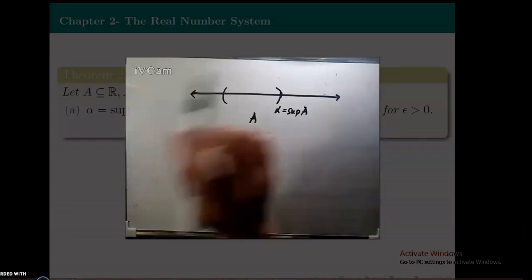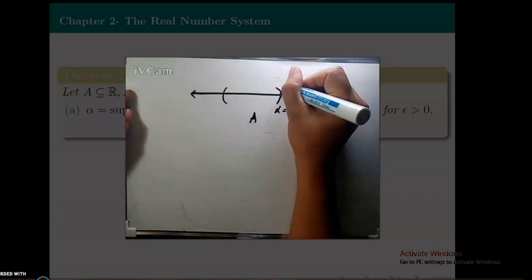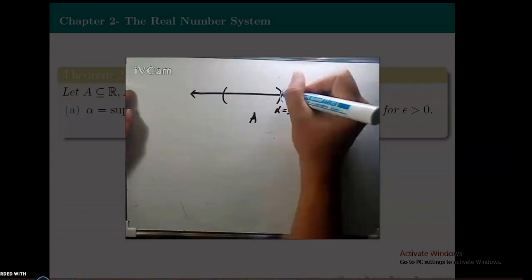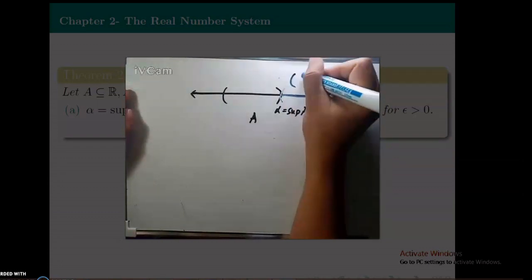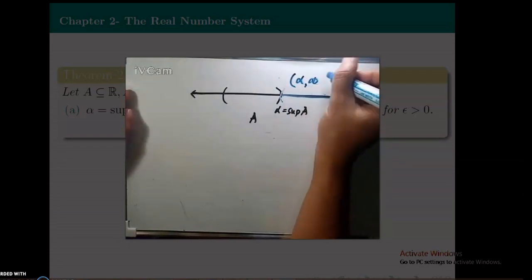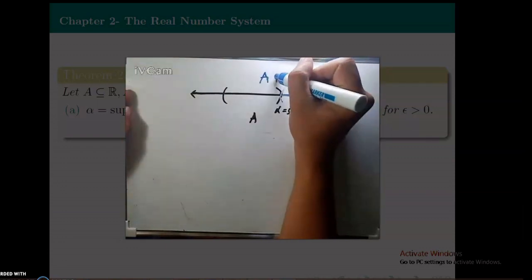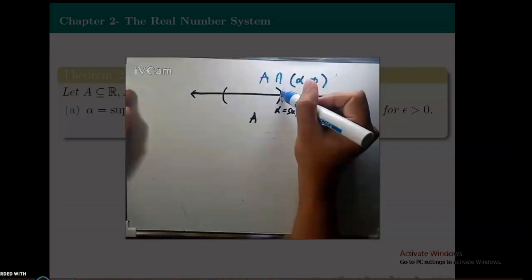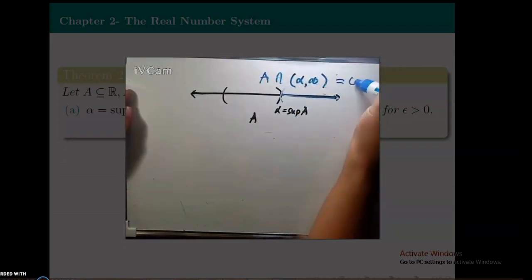So, if we take an open interval from alpha to positive infinity, and then take the intersection of A with this set, it is empty.